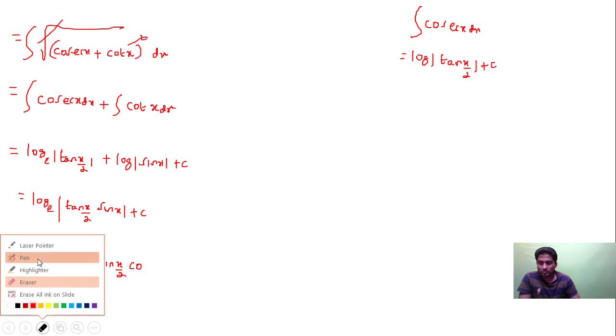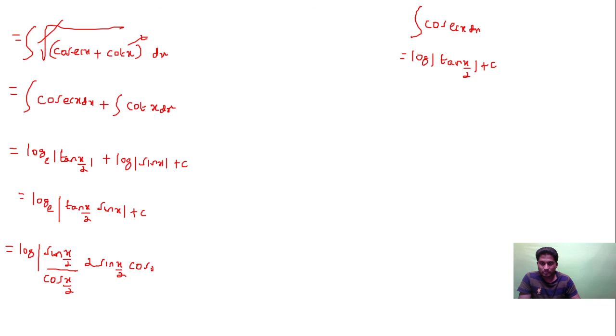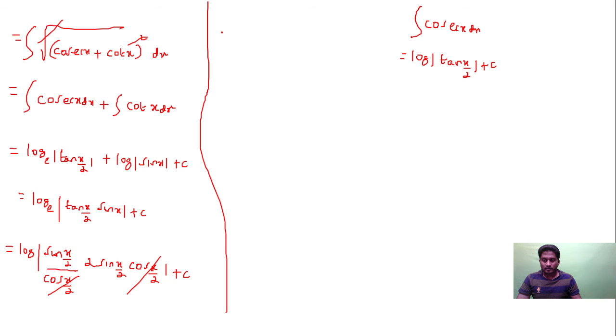Sin x by 2 and then cos x by 2, and then plus c. I'm going to cancel this. So you get this as log of 2 sin square x by 2, and then plus c.